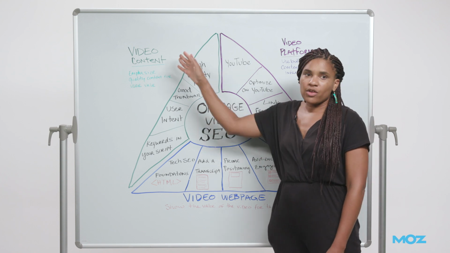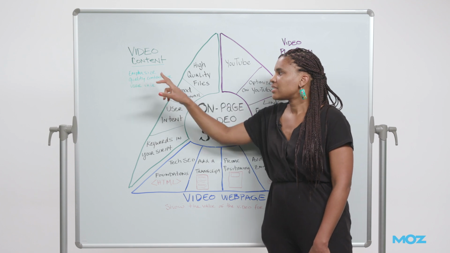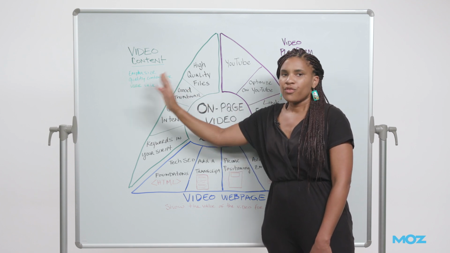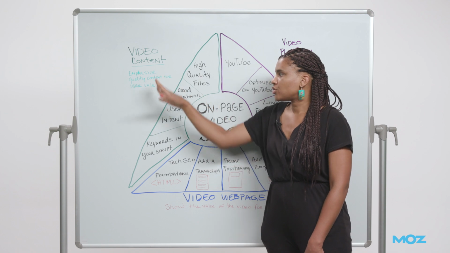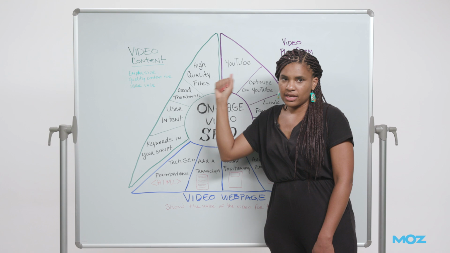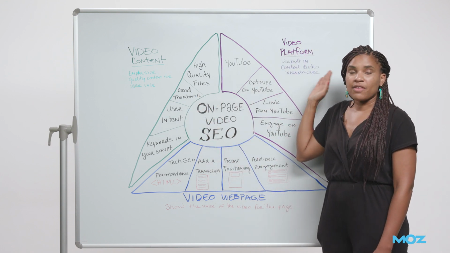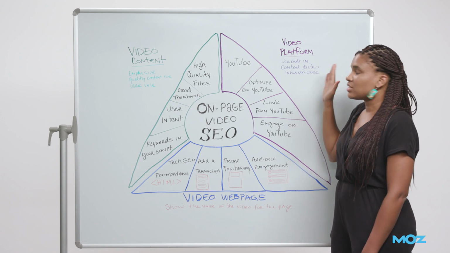Now, when you're thinking about your video content, the overall aim is to emphasize the quality of the content for user value, so that you're demonstrating that you've got great quality content for users as soon as they discover it. We also want to be thinking about the video platform, and it should be used as a tool.